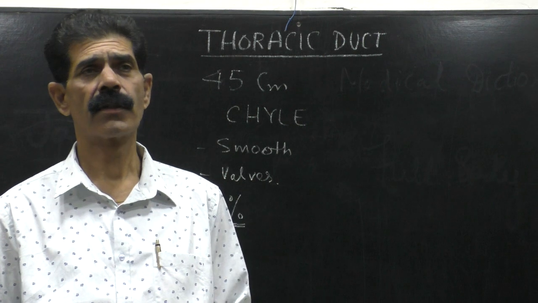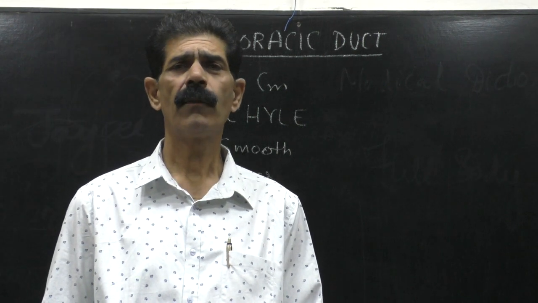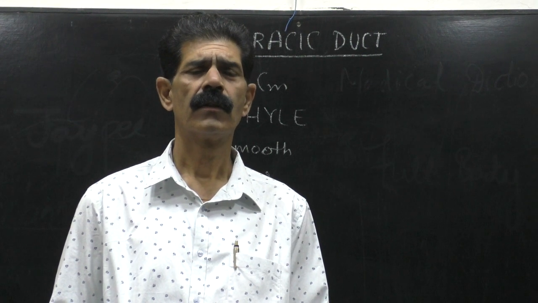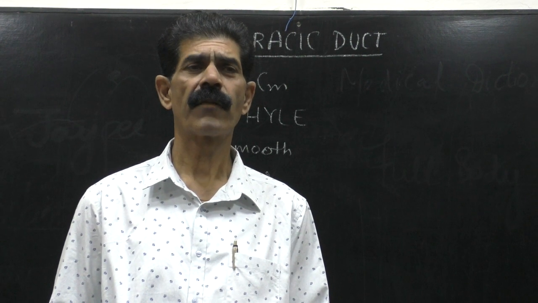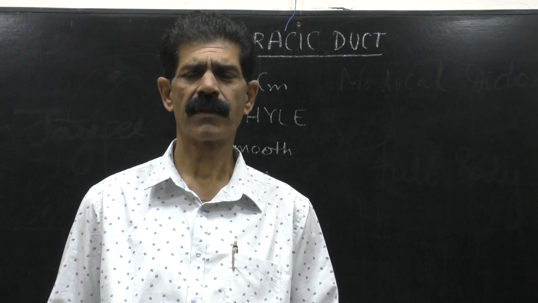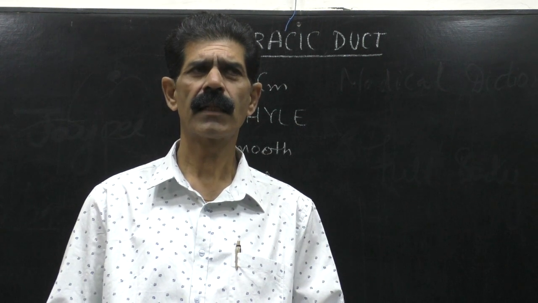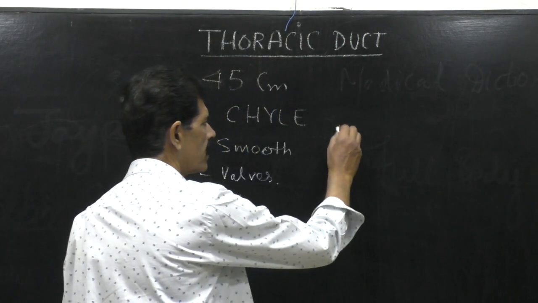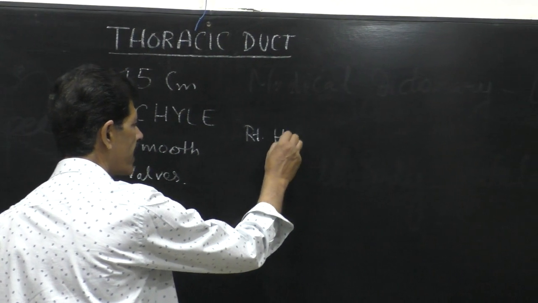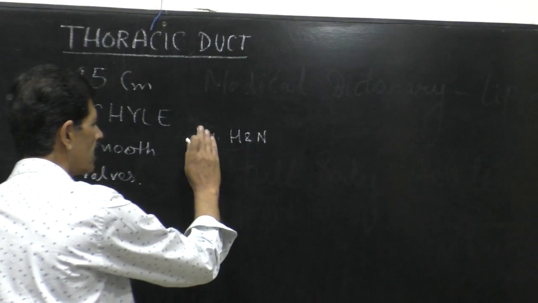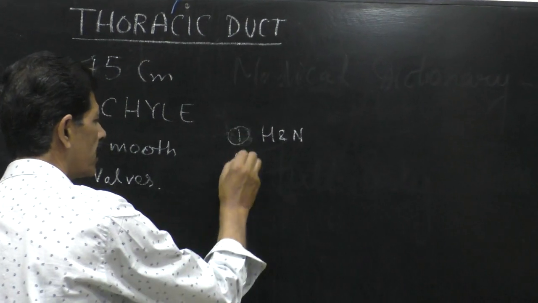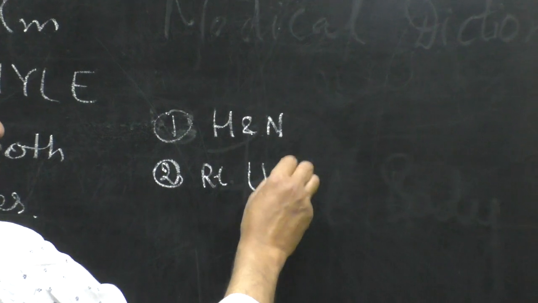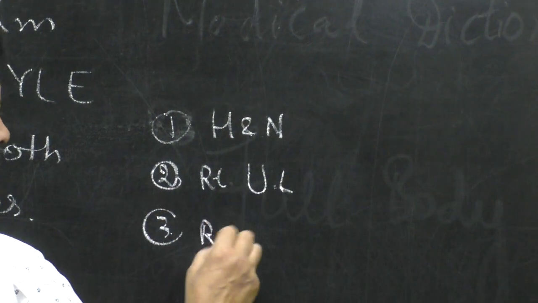This thoracic duct almost covers or drains the whole of the lymphatic drainage under 75%, except that the thoracic duct doesn't drain these areas: number 1, the right side of the head and neck area, number 2, the right upper limb, number 3, the right breast.